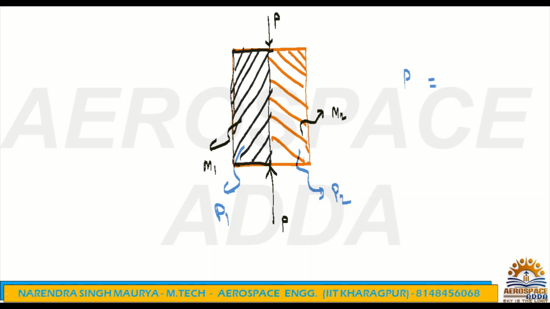So whatever load is applied, P, it will be shared between the two: P equals P1 plus P2. P1 will be the load shared by material 1 and P2 will be the load shared by material 2. Okay. Remember, this equation I'm writing is equation number 1.